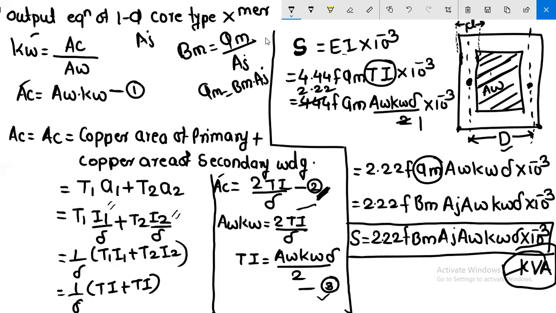Below that, write down the output of transformer is given by. Yeah, start from here. See, start from here up to this last point, write down.